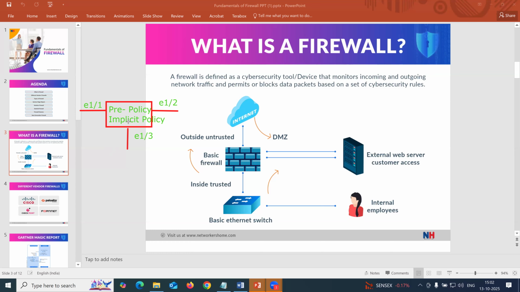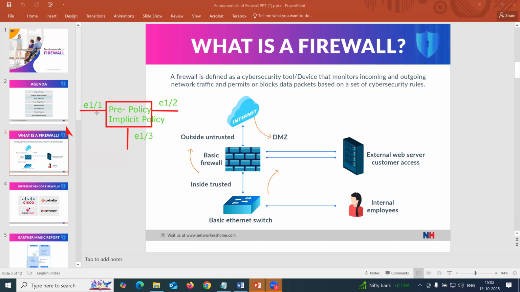See, the answer is, until you make these interfaces work like a zone, this policy is of no use. If any traffic is not passing through an interface, what is the meaning of this policy?